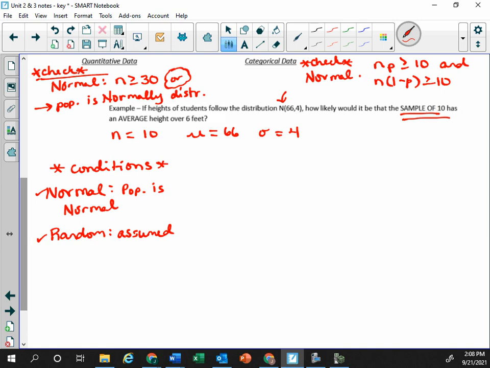How do you know the population's normal? That's because in the problem, when they give you that capital N and then 66 and 4, that capital N indicates normal. Yes. What would be next to the parentheses if it wasn't normal? You wouldn't have really anything. They wouldn't tell you that information.